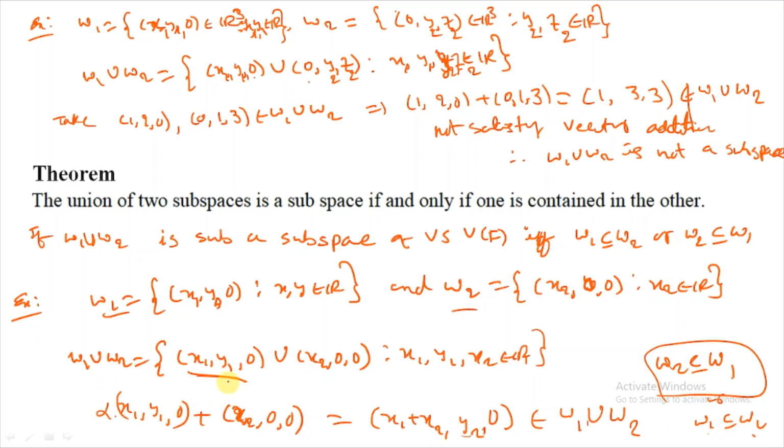So for this one, W1 is containing W2. That's why it satisfies vector addition and scalar multiplication. Okay, now you can use this condition. This (alpha x1 plus x2, alpha y1, 0) belongs to W1 union W2. Therefore, it's a subspace. The union is not always a subspace, but it is when one contains the other.